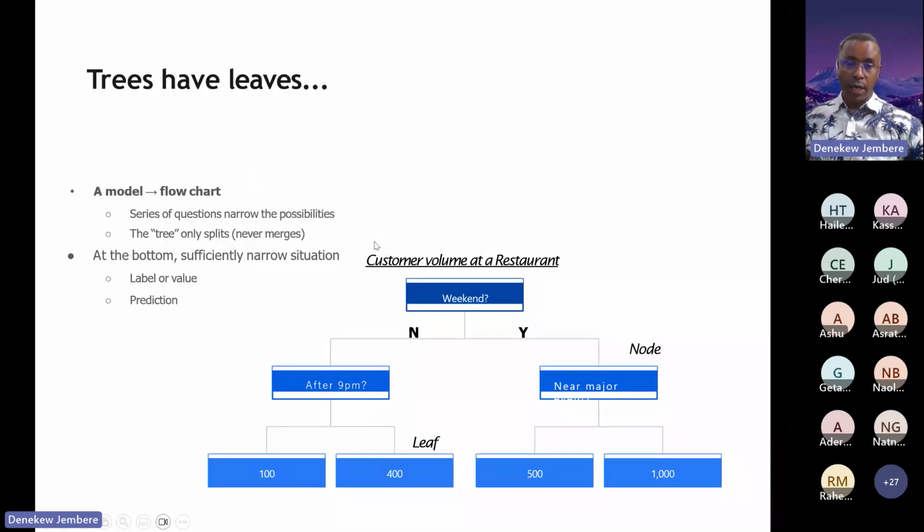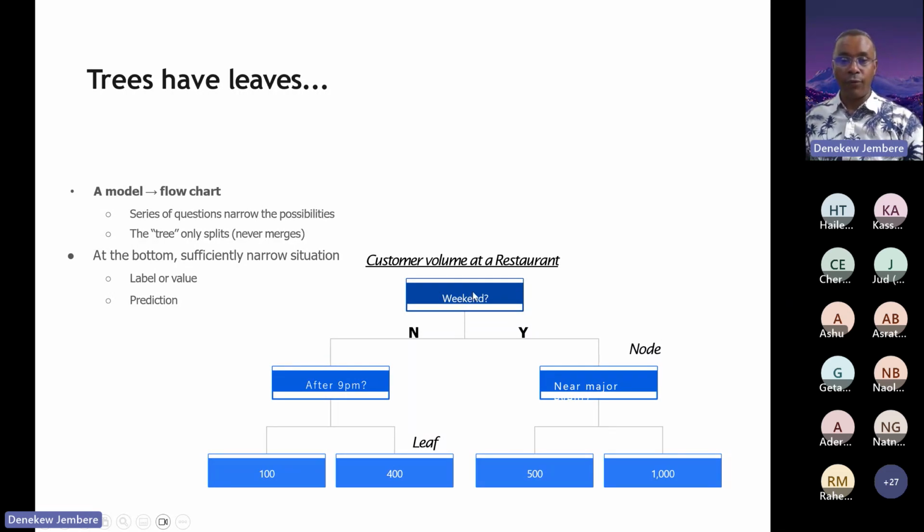For example, if we are creating a model for a restaurant to predict the number of customers, then we can have different attributes or values.